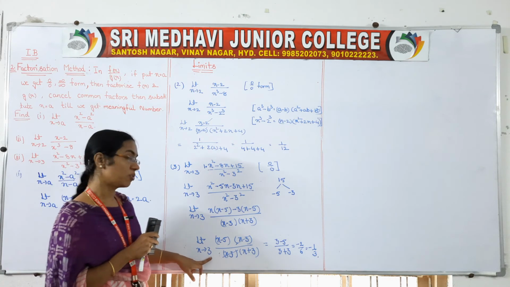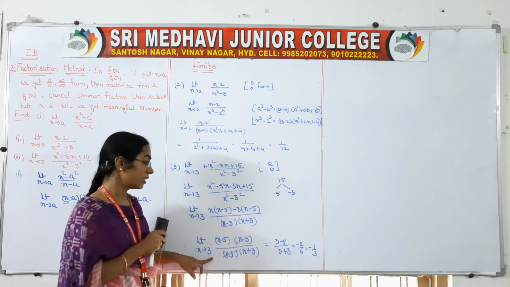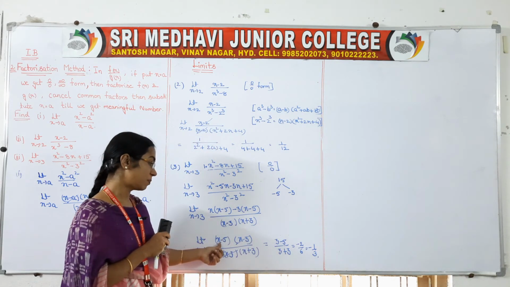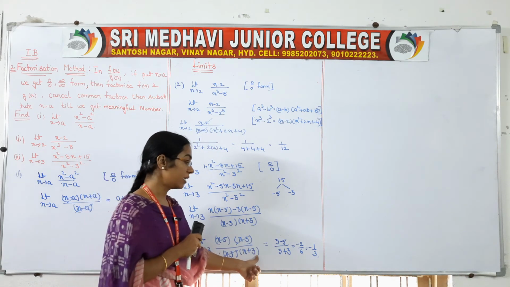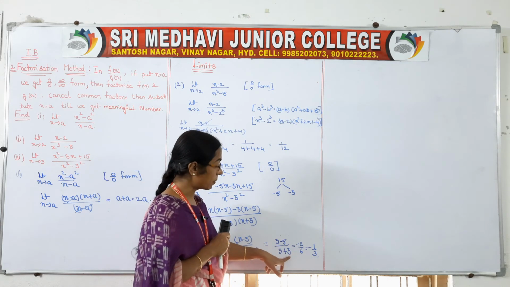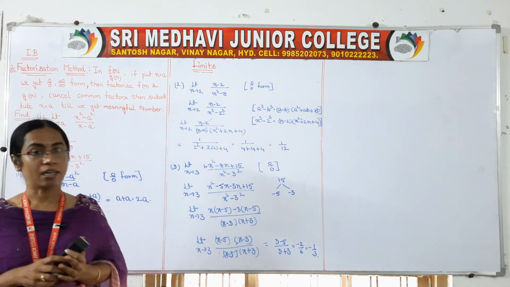Your limit value is 3, as x tends to 3. Substitute that value in the x place: 3 minus 5 in the numerator, 3 plus 3 in the denominator. 3 minus 5 is minus 2, 3 plus 3 is 6. So it is minus 1 by 3 is the answer.